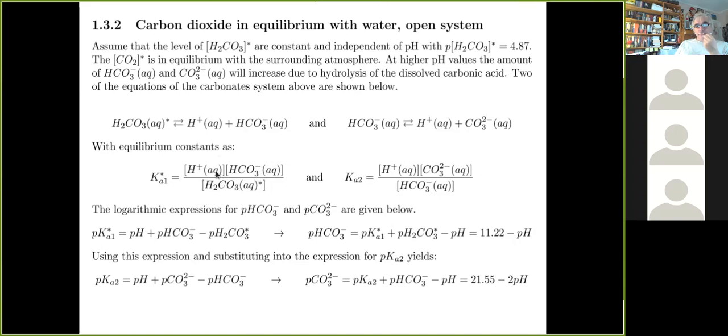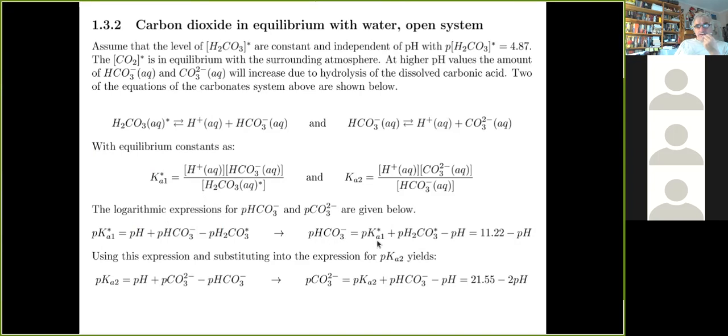Here is a product of H plus concentration and hydrogen carbonate, so that will be plus here. Okay, it's just a logarithm. And here is a quotient, so that's the minus here. So then I take this one and isolate it on one side.